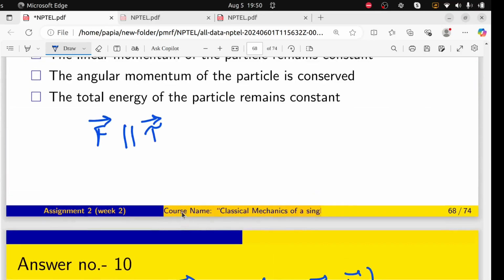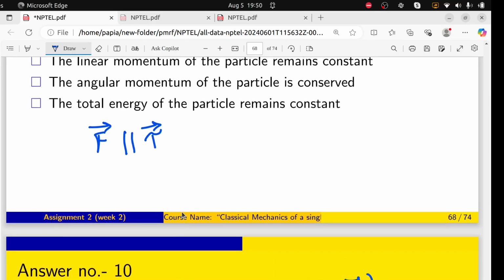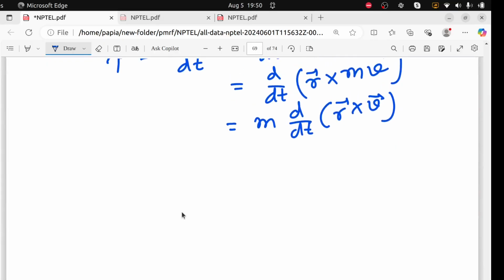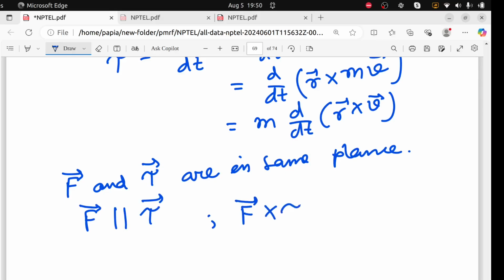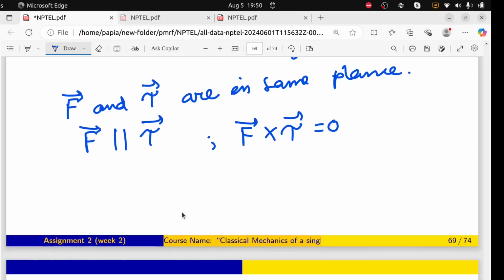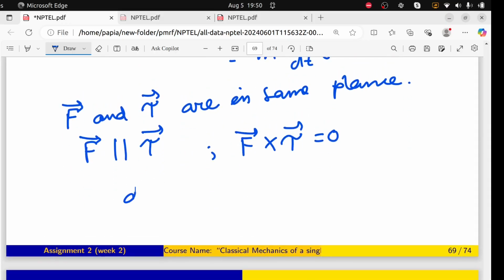Okay. Now, F is parallel to torque. That means F and tau are in the same plane, right? So if F is parallel to tau, that means if I calculate F cross tau, then it will be 0. So if F cross tau is 0, I can also see that F is what? dP/dt.